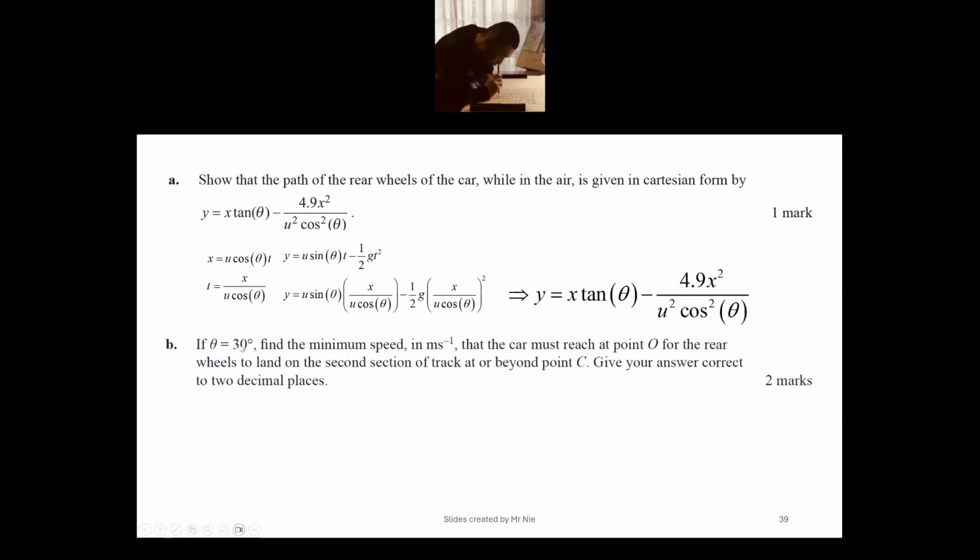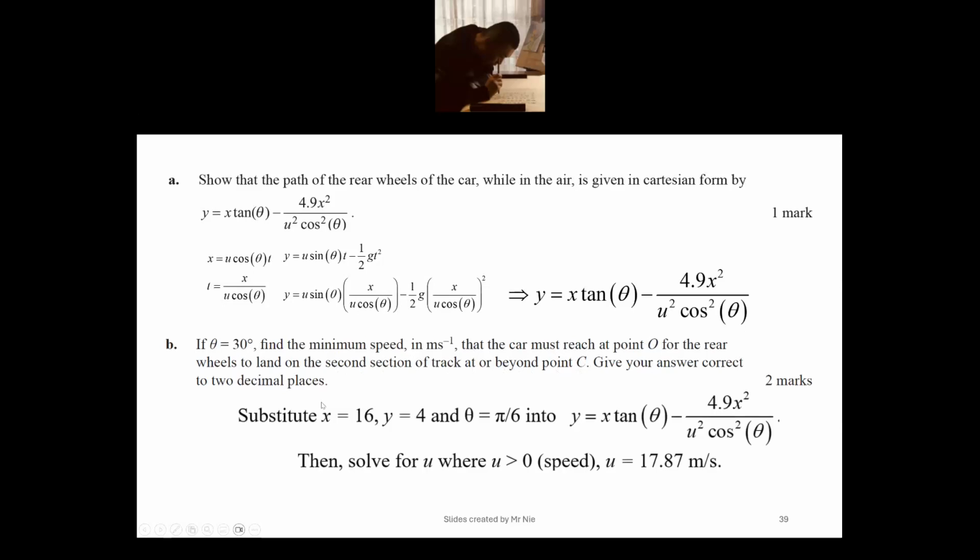We've been told theta is 30 degrees for the projection angle. The minimum speed is the u here we want to find. We must make sure this pathway contains, let's say, point C, the second section of the track, or goes beyond point C. We can simply substitute 16 and 4 into this equation, and also theta equals pi over 6 or 30 degrees.